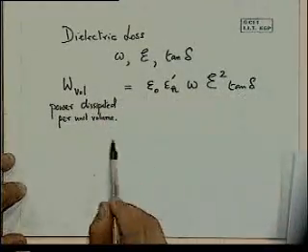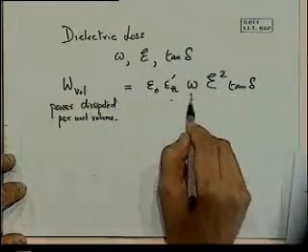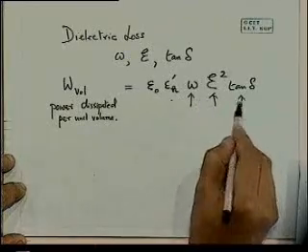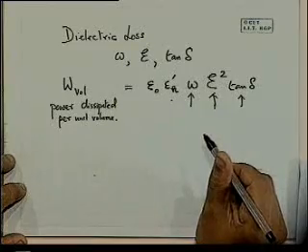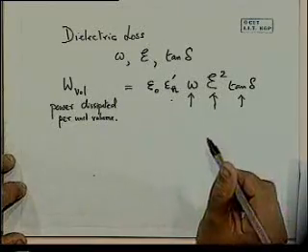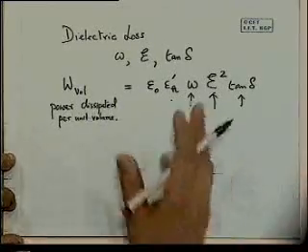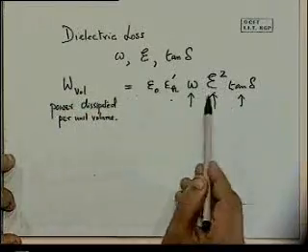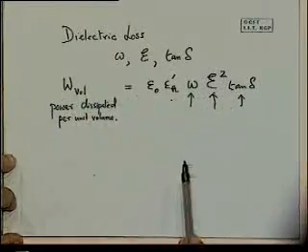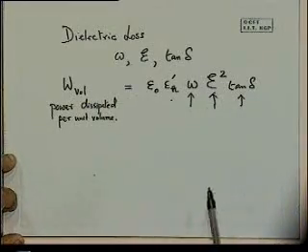The same parameters that I've mentioned, namely this, this, and this. So from looking at this we can say that the higher the frequency, the higher the loss, the larger the field, the higher the loss, the larger is tan delta, as might be expected from its name, namely loss tangent, the higher the loss that is expected.